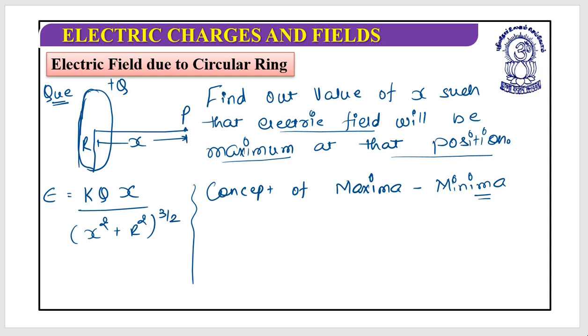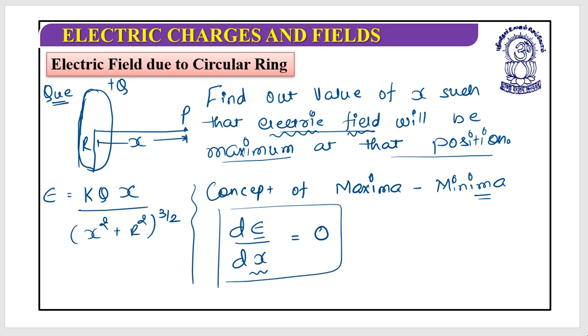In that case, what we are supposed to do is differentiate a quantity with respect to another quantity, and that should be equal to 0. Here I need the electric field to be maximum, so I differentiate E with respect to position, that is with respect to x, and then I make it 0. So this is dE by dx is equal to 0.